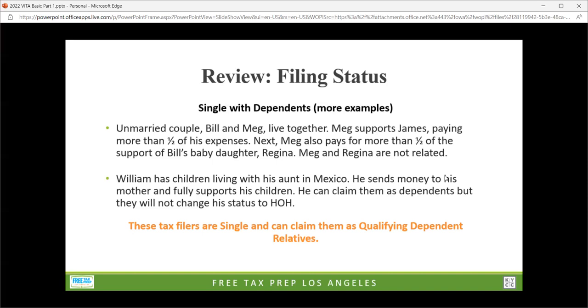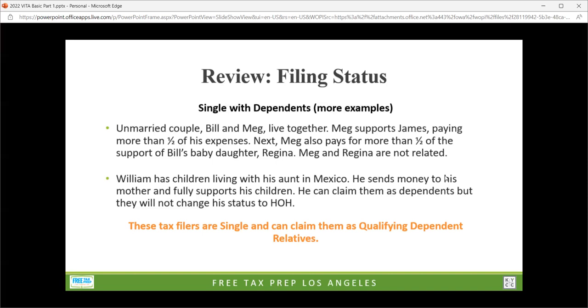Okay, second example. William has children living with his aunt in Mexico. He sends money to his mother and fully supports his children. He can claim them as dependents, but they will not change his status to head of household. Why? Because they need to live with him, with William in this case, for at least 6 months.